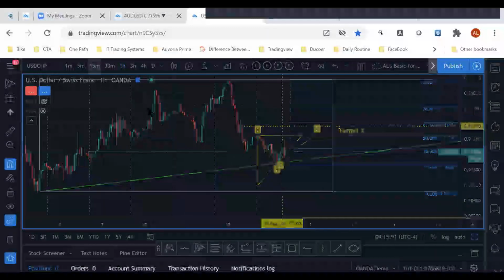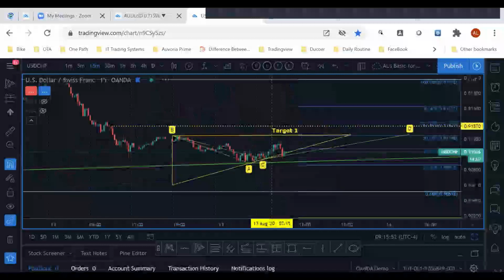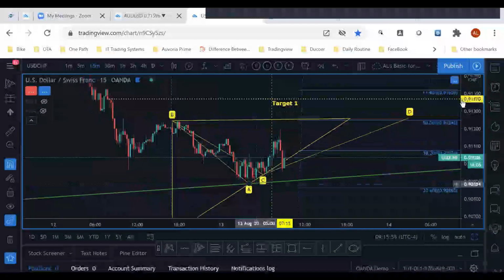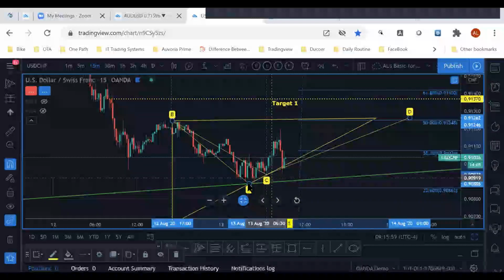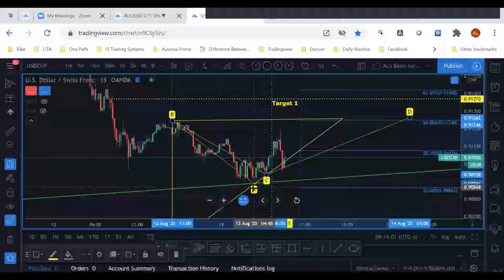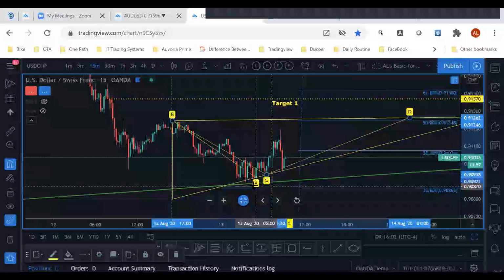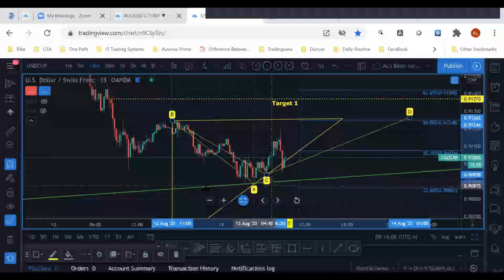Back to 15-minute. Here's our AC line. This is how we drew the wedge in the first place. But respecting this other trend line here, this is a secondary trend line.